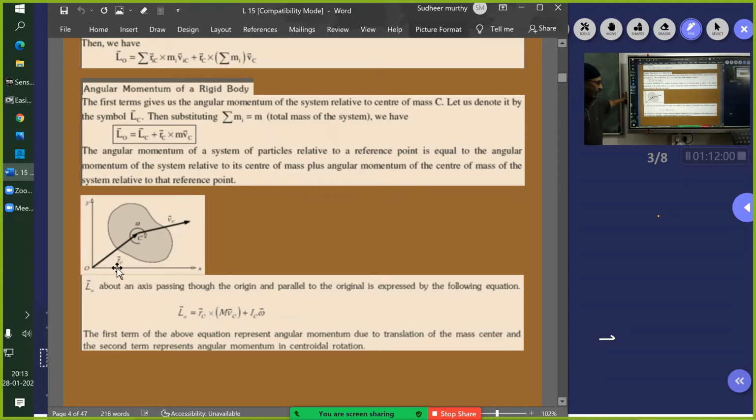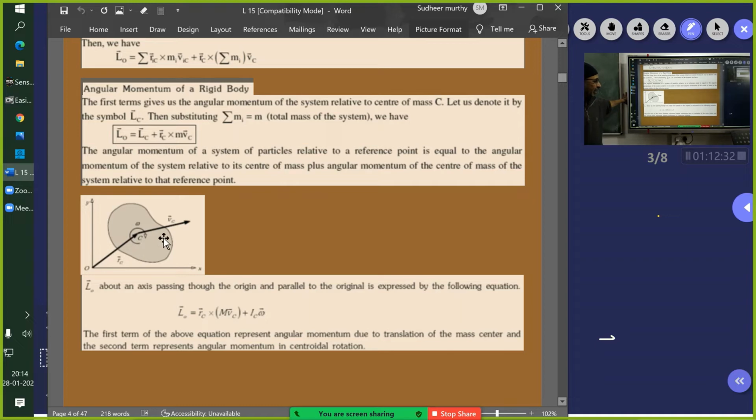RC bar cross VC bar, because it is moving, and you will get here another term because it is rotating. The angular momentum is IC into omega bar, and that is nothing but LC bar.